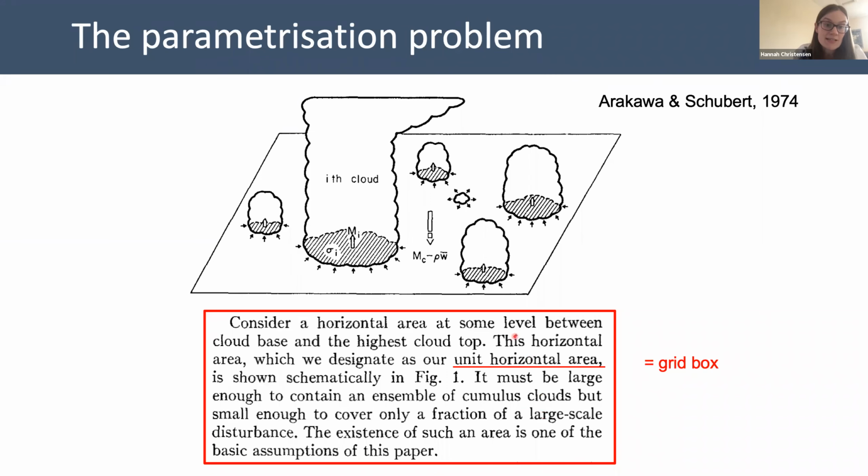What this means is that within our grid box, we have many, many convective clouds, and they're all experiencing the same large scale conditions. So it's meaningful for us to average over this ensemble of clouds to predict what the average cloud would see, and this would give us a good estimate of what the effect of this cloud field would be back on the large scales.